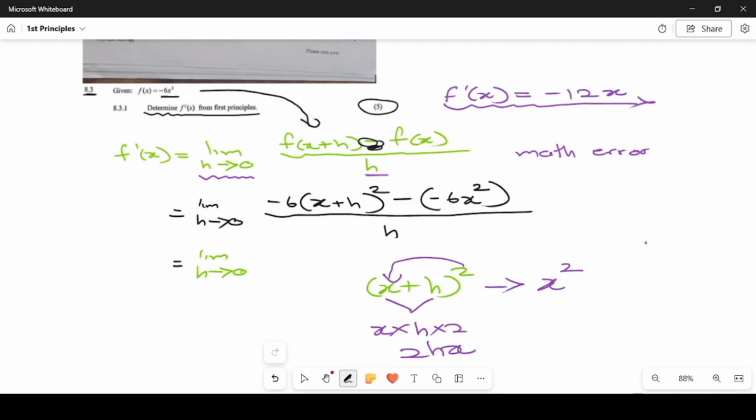It doesn't matter. Remember, when you're multiplying, the order doesn't matter. So that's what you are going to write over here. You're going to say plus 2xh, and then plus, you're also going to square the h. You square the h, and you get h squared, like that. So this is that bracket there.